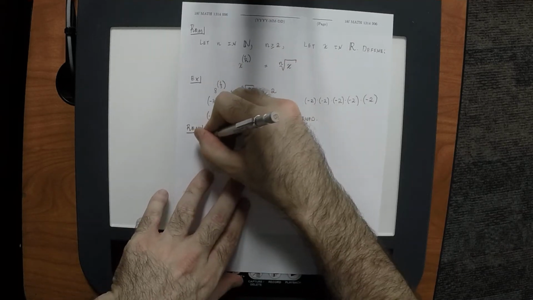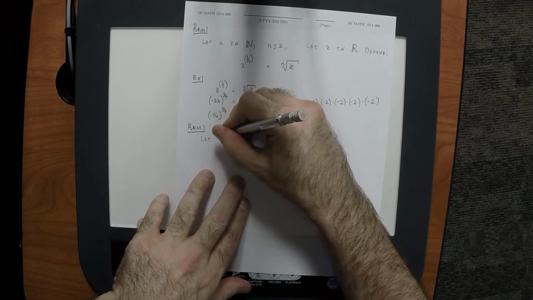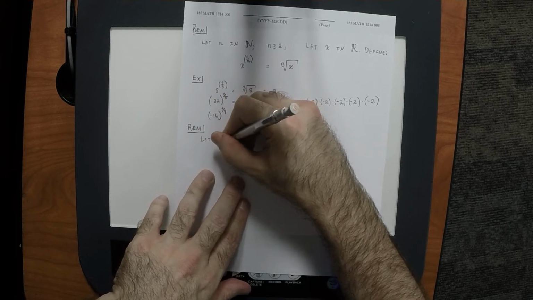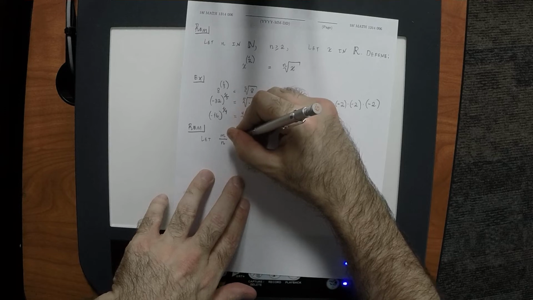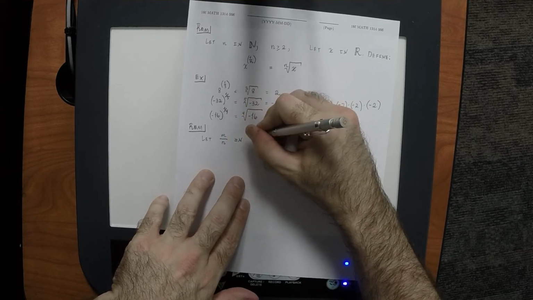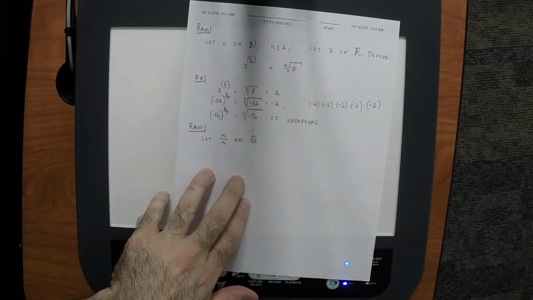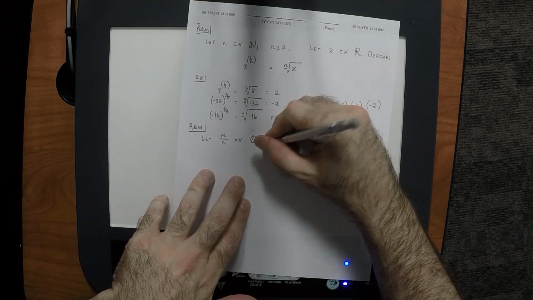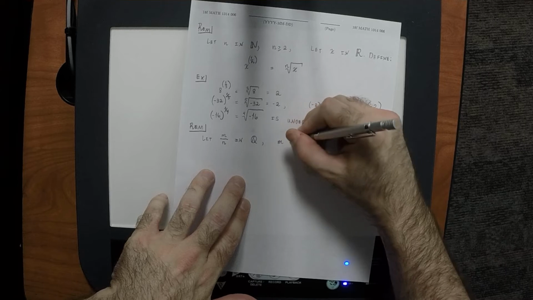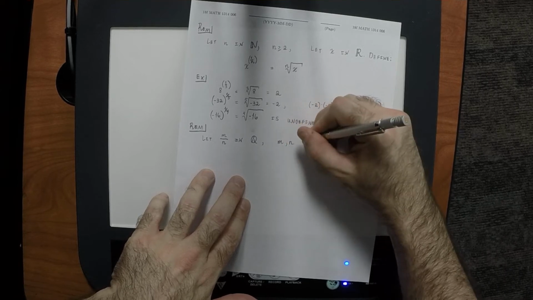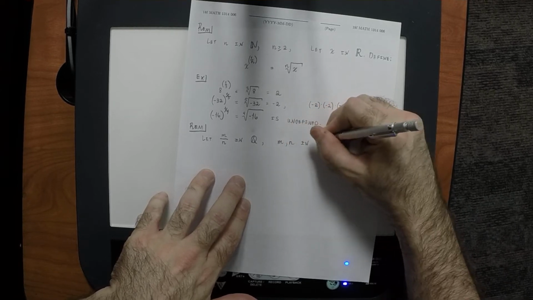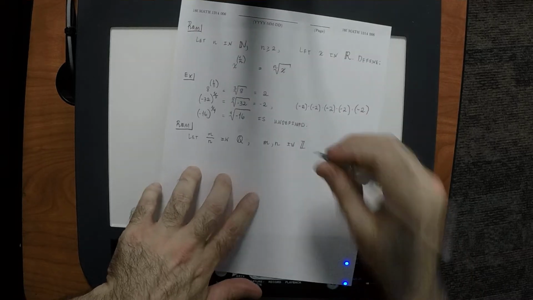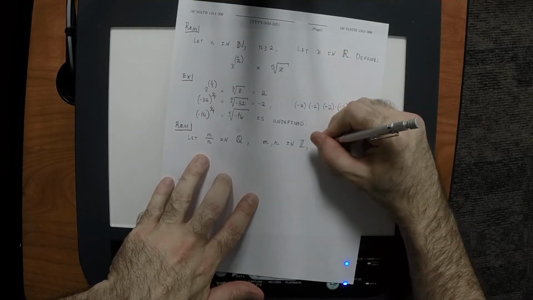So we could say this: let m divided by n be in the rationals, which are denoted by Q for quotient, with m and n in the integers. Okay, n not 0, etc.